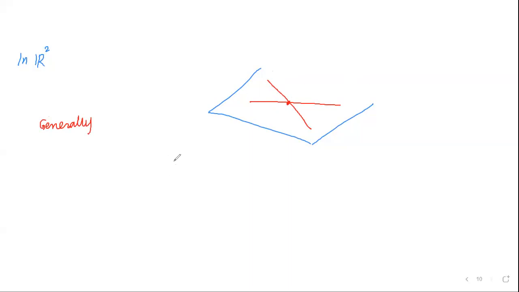There is more chance that the lines are intersecting. So generally, when you take two lines in the plane, they are intersecting.